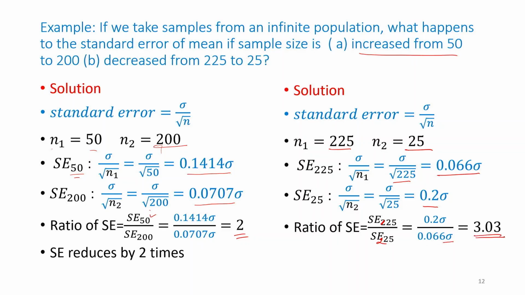And this gives a figure of 3.03. So SE increases by 3 times. So by reducing the sample size from 225 to 25, the standard error increases by 3 times. That's what will be the answer. So this is how standard error changes as we increase or decrease the sample size.